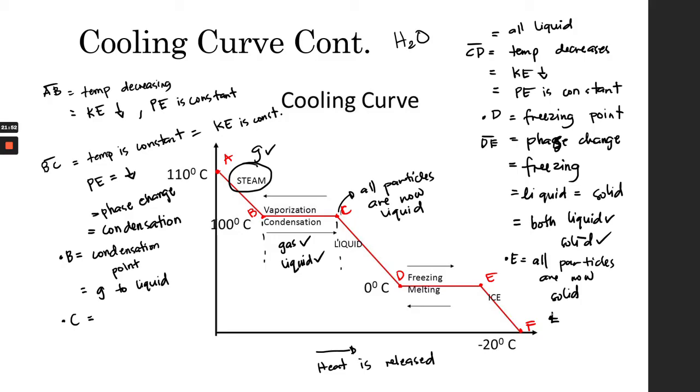So at segment E to F, temperature again decreases, meaning the kinetic energy is decreasing, but the potential energy is constant. Okay, so also at DE, PE is decreasing, kinetic energy is constant.